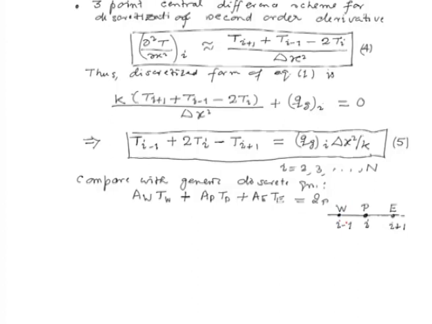So, if we compare equations 5 and 6, we can easily see that our AP is equal to 2, AE and AW, they are both equal to minus 1, and QP is equal to Qg delta x square divided by k, Qg evaluated at grid point i.